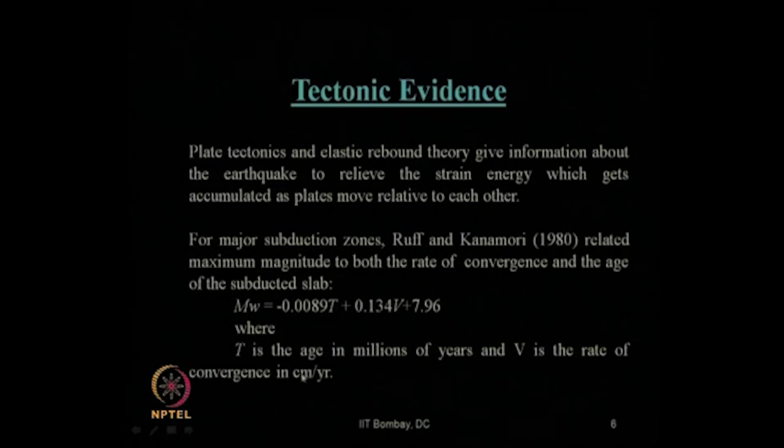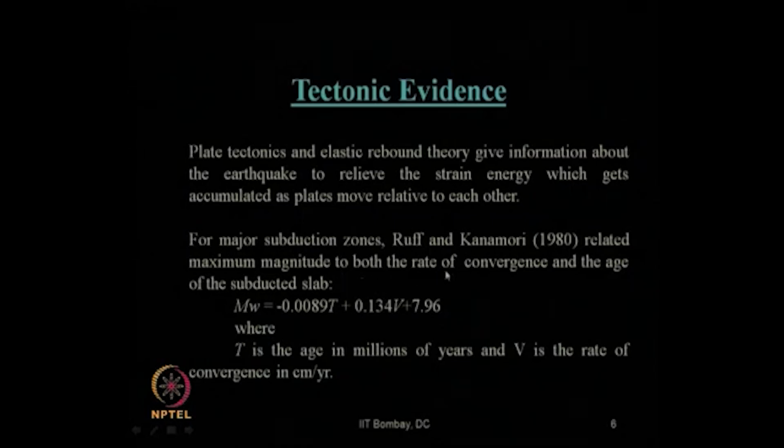So, if from the geologist one can get these two pieces of information, the rate of convergence between two plates and the age of that plate in millions of years, then we can easily put those values in this equation and compute the possible maximum MW which can come from that major subduction zone.